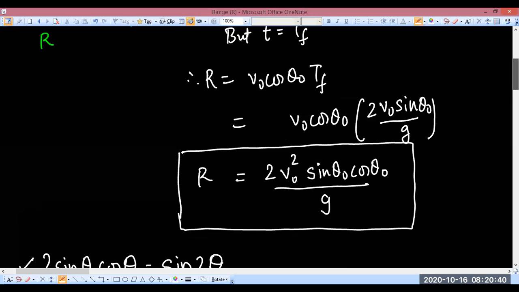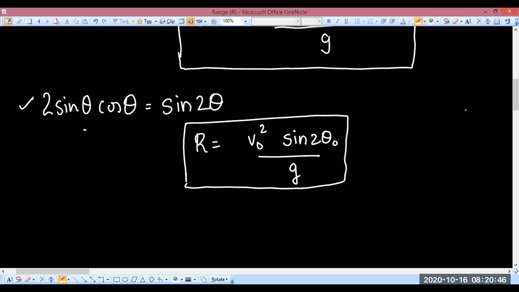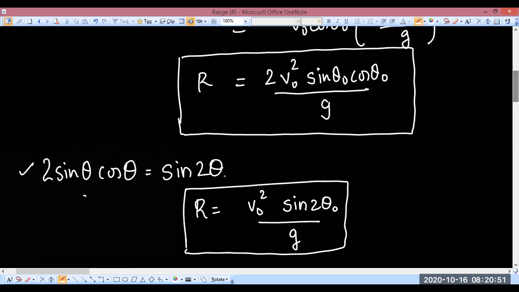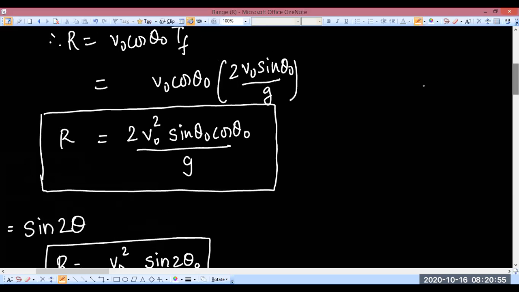Now this is the range formula. You can also write the range formula in one more way. Have a look at this. Here, when we did this, I hope all of you realize that v0 cos theta 0 is v0x, and v0 sin theta 0 is v0y.